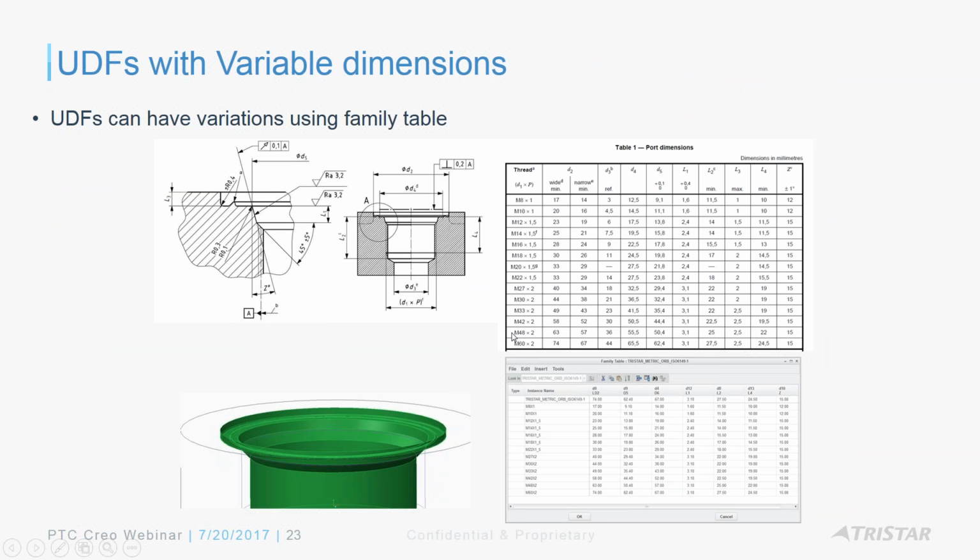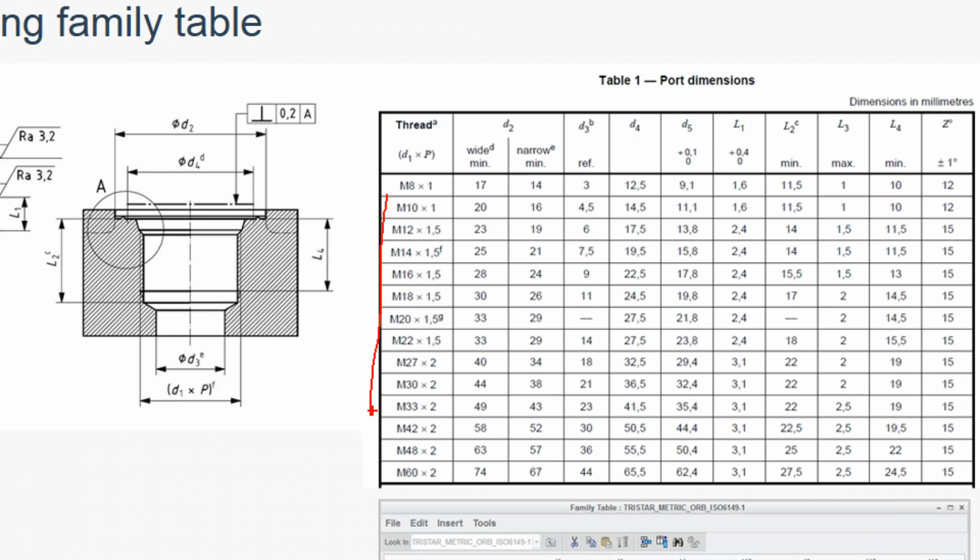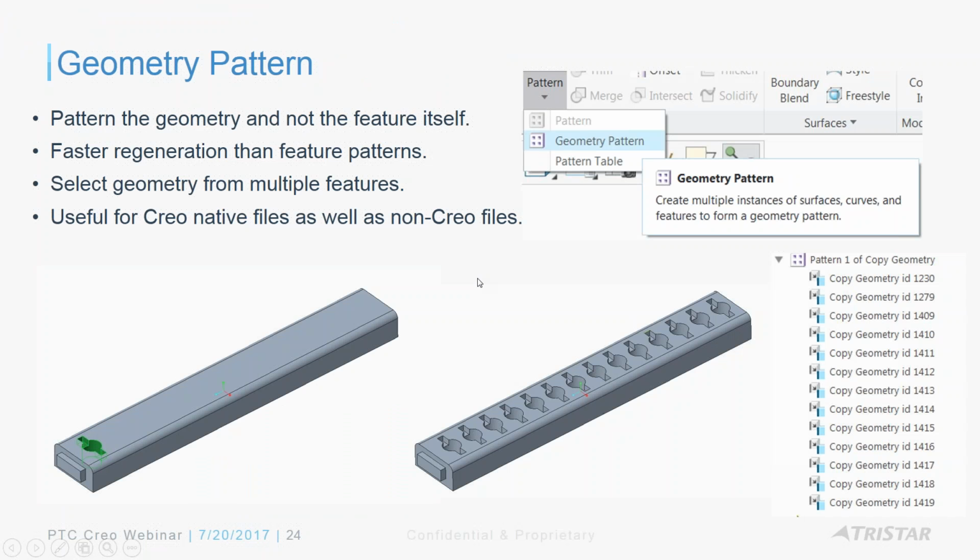It could even be to create, for example, a UDF with a family table for an SAE port like this, right? Imagine redoing this again and again or modifying that revolve feature. You could just create that as a user-defined feature, and then the user-defined feature can be family tabled. So when you place a UDF, you get to select the size that you want off of that.